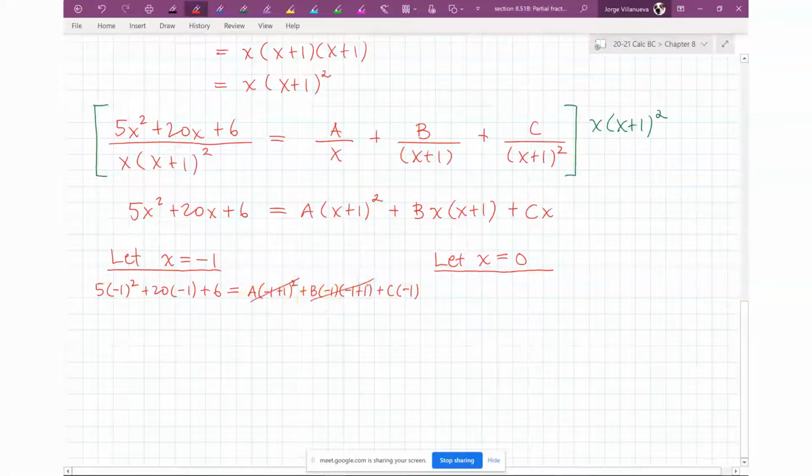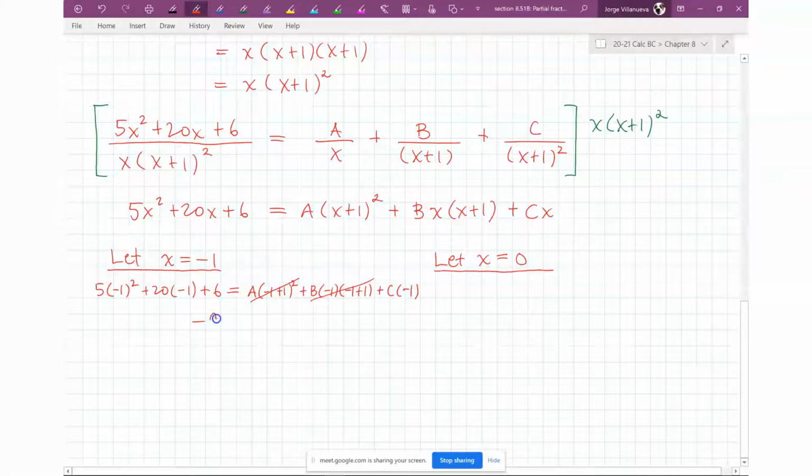This is gone. So the left side, I get a 5 minus 20 plus 6. That would be a -15. So that's going to give me a 9, I think, right? It's going to give me a 9.